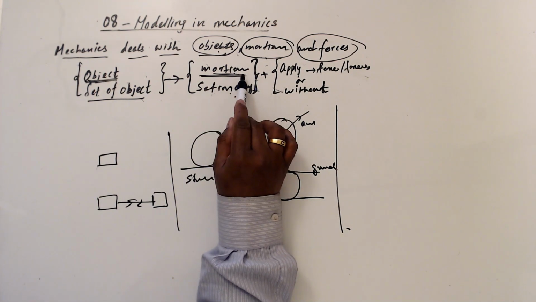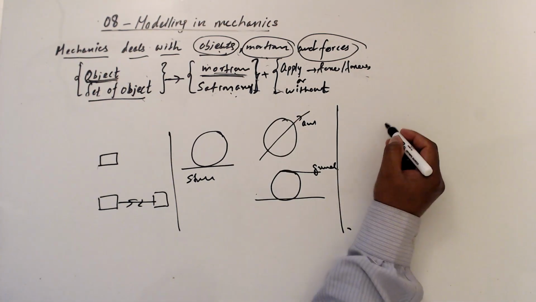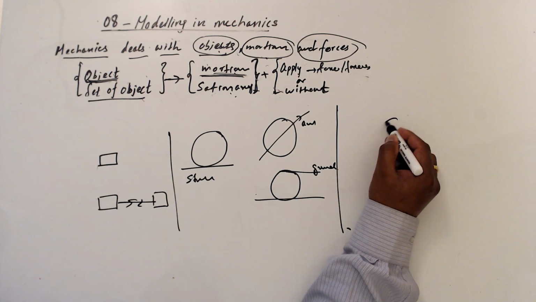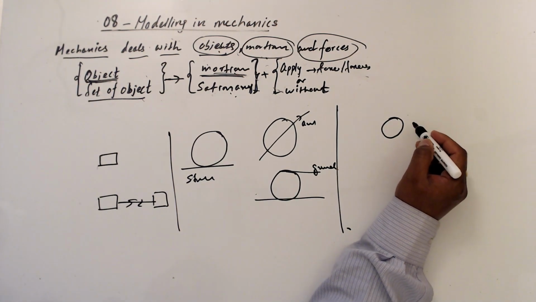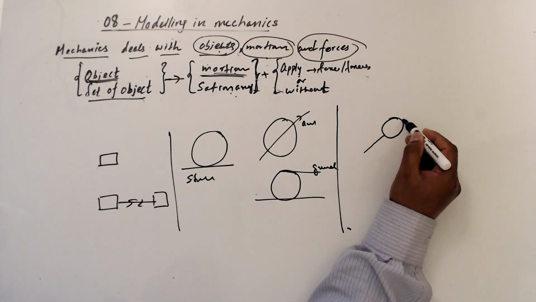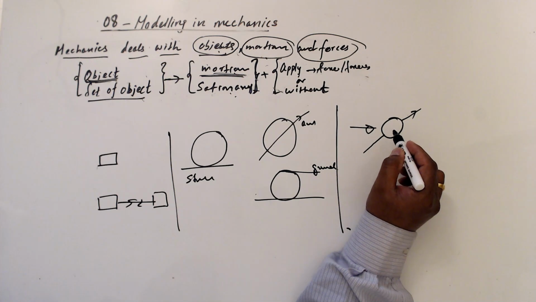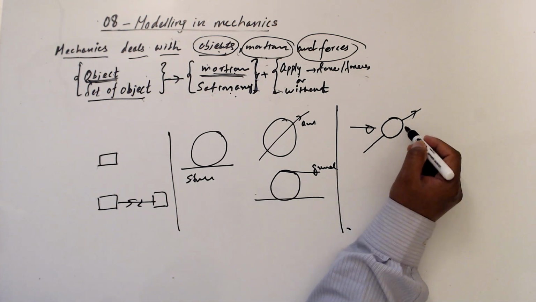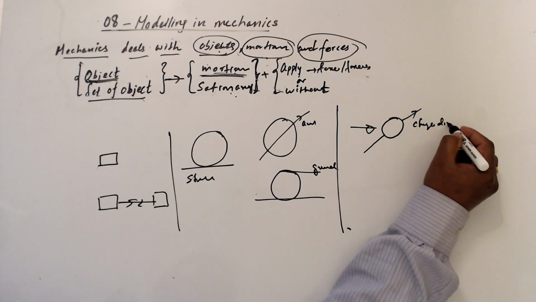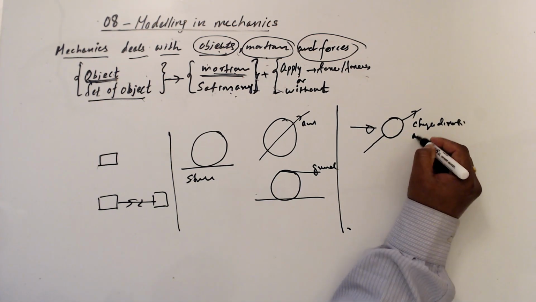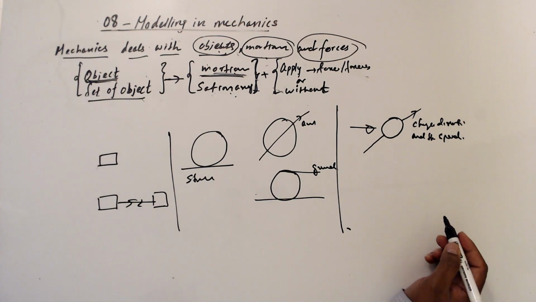If it is in motion and you apply a force, for example, the ball is moving along this direction, and if you apply a force or kick here, what will happen? It may change the direction and the speed. That's the only thing that can happen.